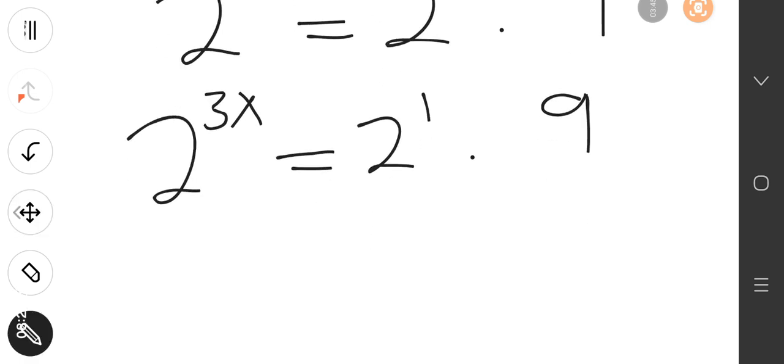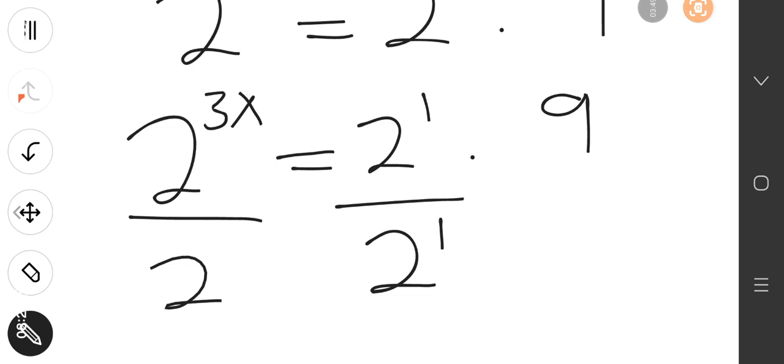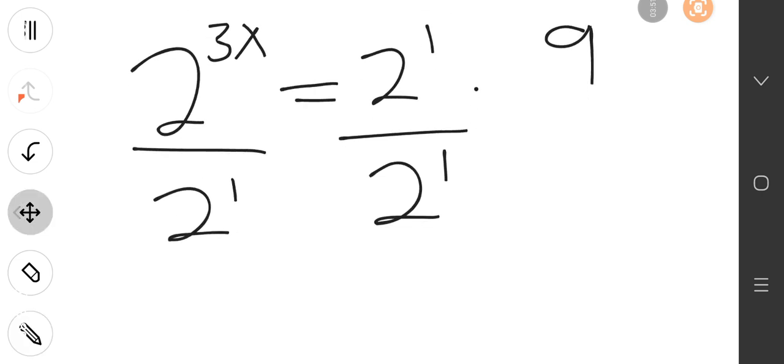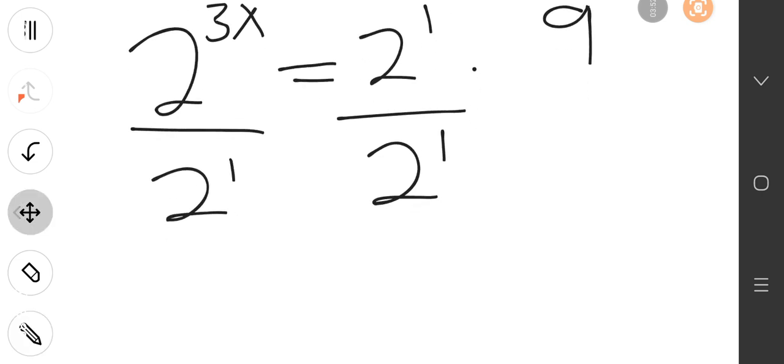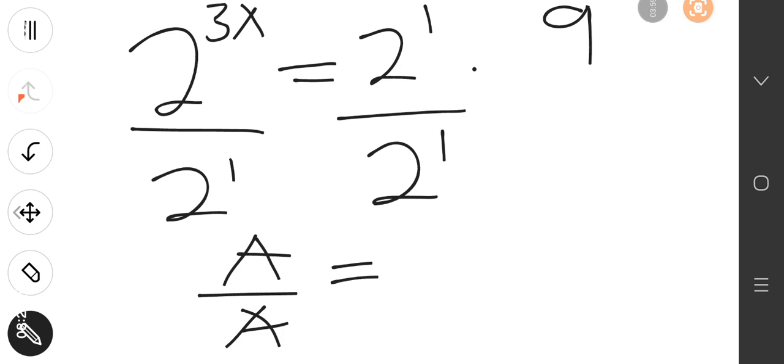Now let's divide here by 2 exponent 1, and here by 2 exponent 1. Now, any number over itself is 1. That is, a over a should give us 1. Therefore, 2 exponent 1 over 2 exponent 1 will give us 1.